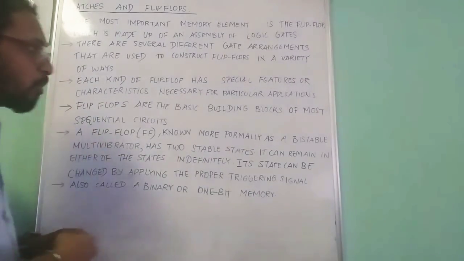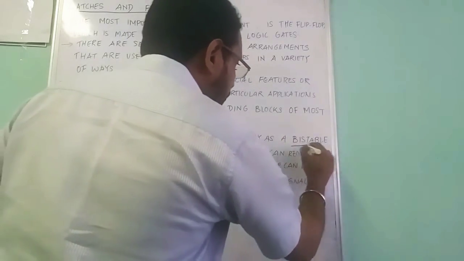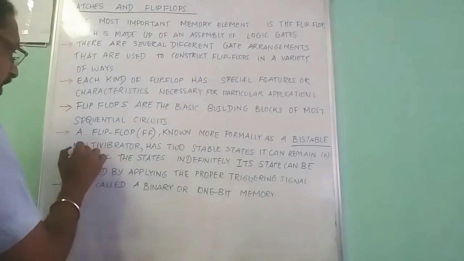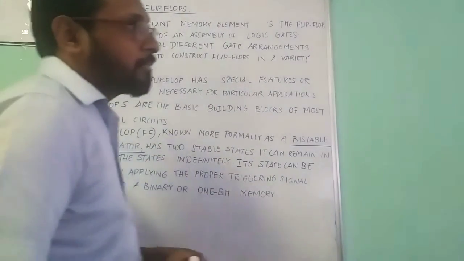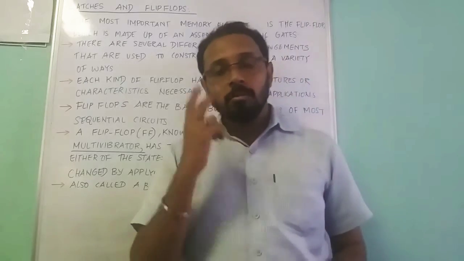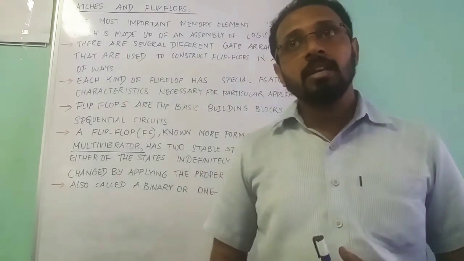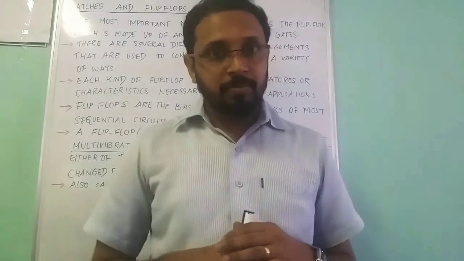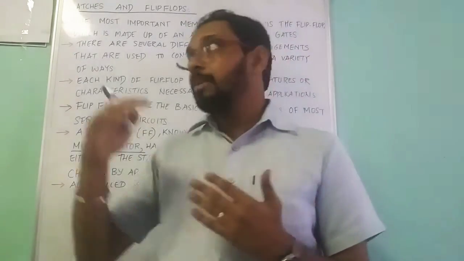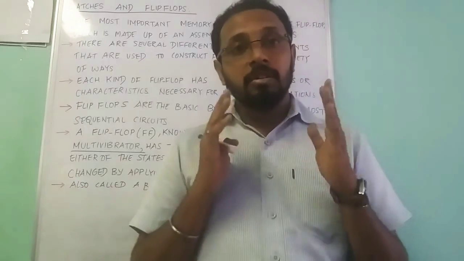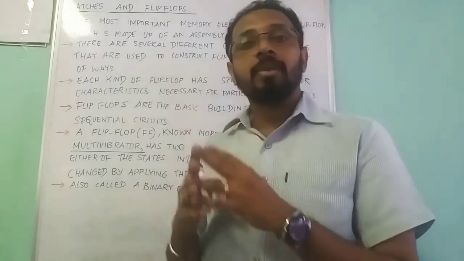A flip-flop is also formally known as a bistable multivibrator. Bistable, the word bi stands for two. Bistable multivibrator means it can have two states. In the next section we will be drawing the picture of how a flip-flop can be represented.